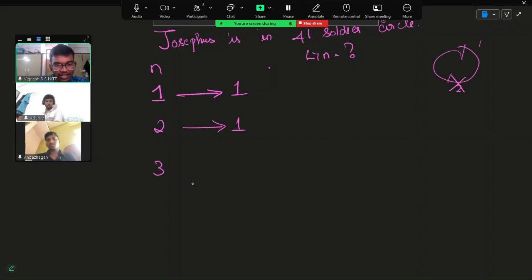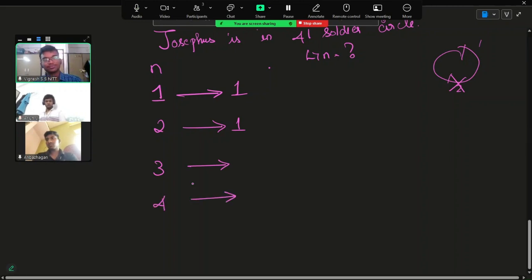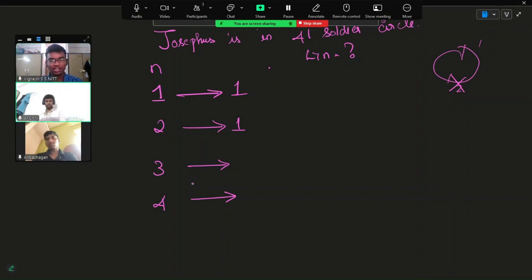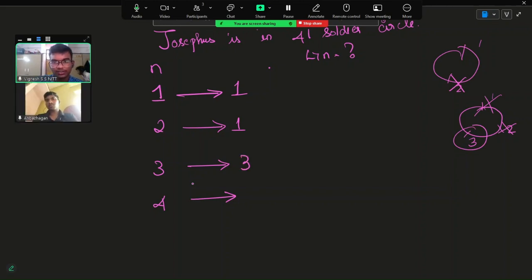Understandable, right? For three, three is the survivor: two is killed, three will kill one. For four, you said previously it is one, so I am keeping that.